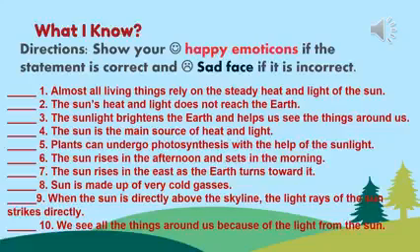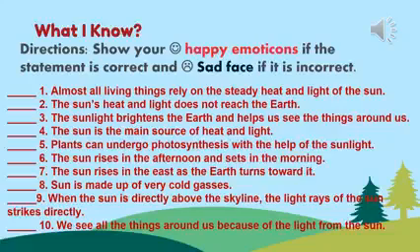Number 7, the sun rises in the east as the earth turns towards it. Number 8, sun is made up of very cold gases.